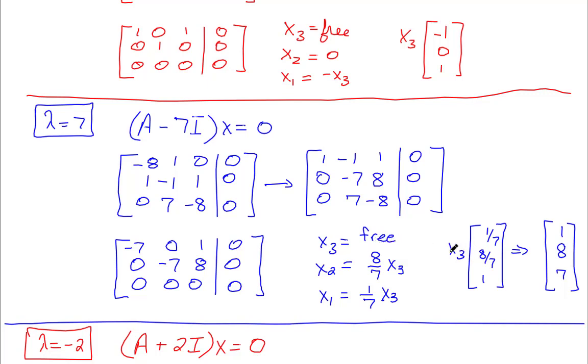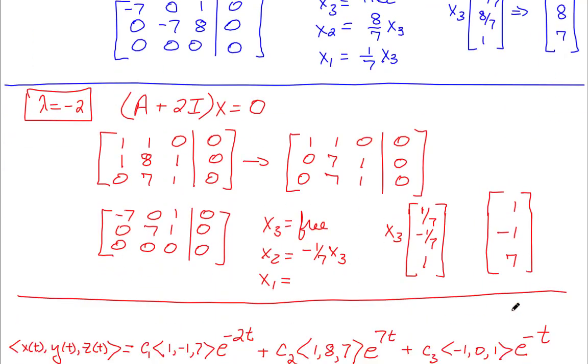And so I can write it as x3 times 1, 8 sevenths, and 1 seventh. And again, to get rid of the fractions, multiply through by 7, and I get 1, 8, and 7.